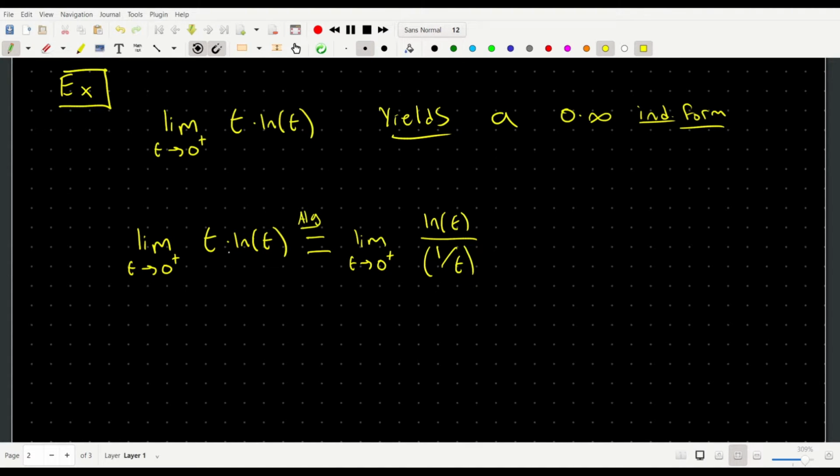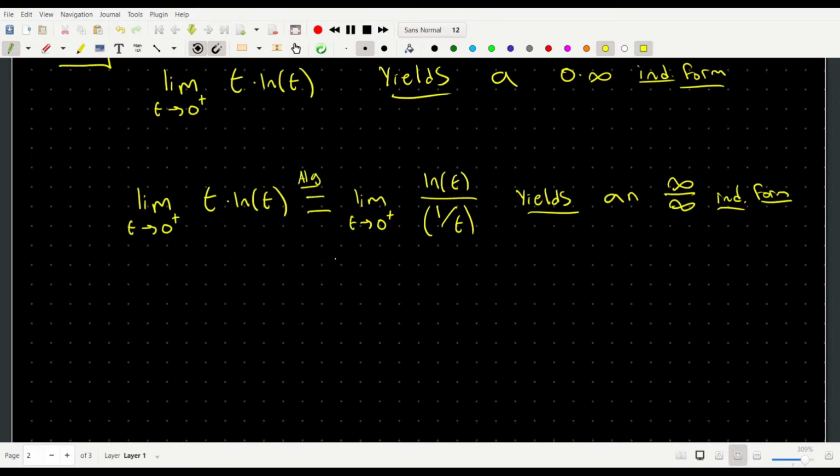It's the same limit because all I've done is rewrite t as 1 over t in the denominator, but this now yields an infinity over infinity indeterminate form. Because as t goes to 0 from positive values of t, natural log is going to negative infinity, and 1 over t is going to positive infinity. So we have an infinity over infinity indeterminate form.